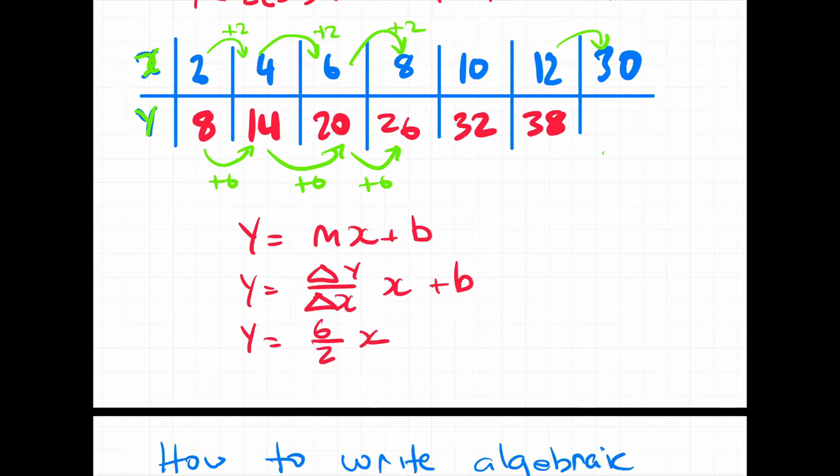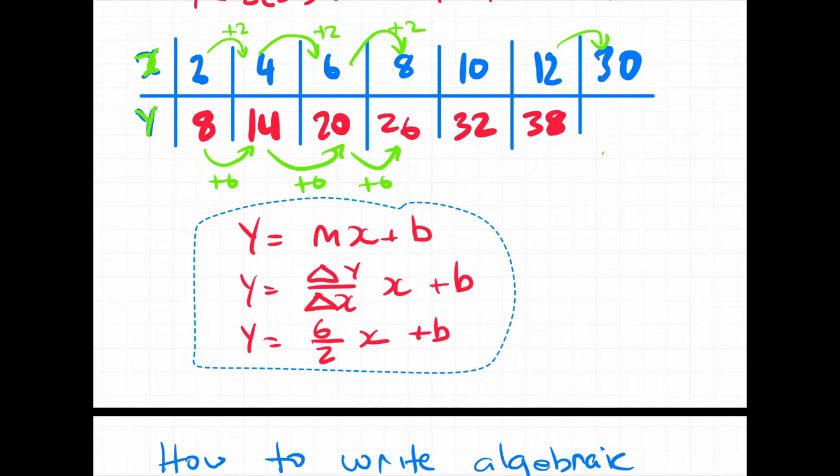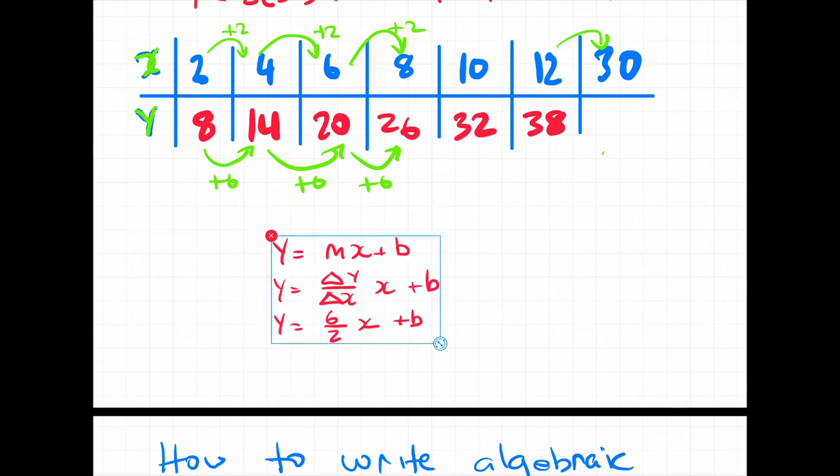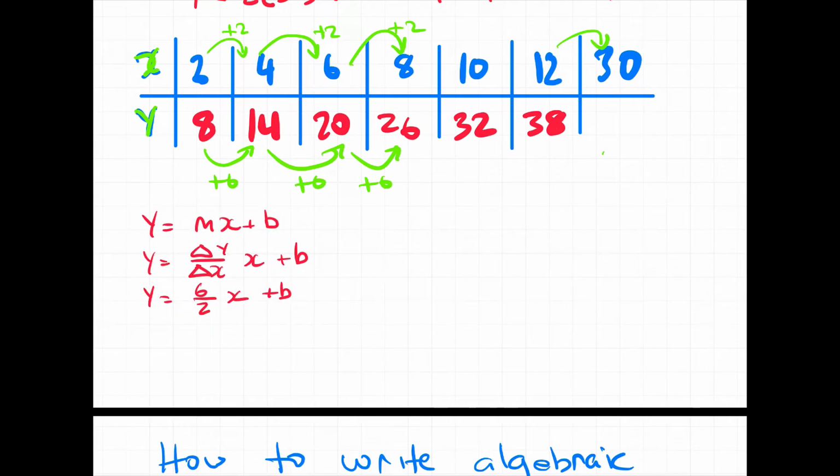Okay, and we got to keep that x there plus b. I'm going to have to make this a little bit smaller and make it fit in here. There we go. So we continue on here and start simplifying this fraction. So we got y equals 3x plus b, but I don't know what this b is right now. But this 3 is my multiplier that I'm going to multiply by x.